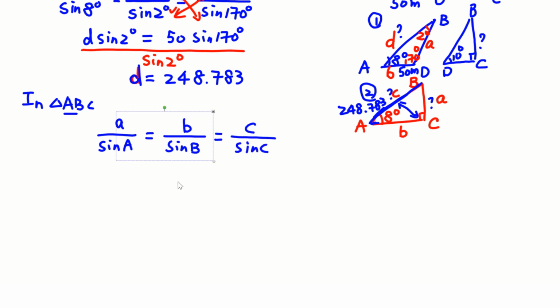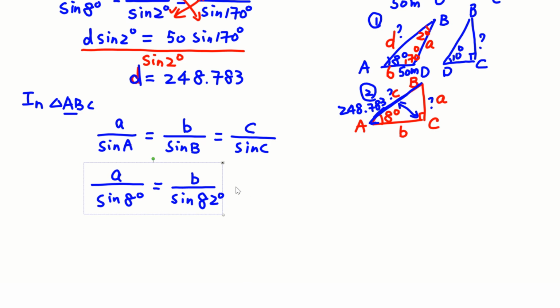Then substituting given information, A over sine 8 degrees equals B over sine, 180 minus 90 minus 8 gives you 82 degrees. That equals C, which is 248.783.